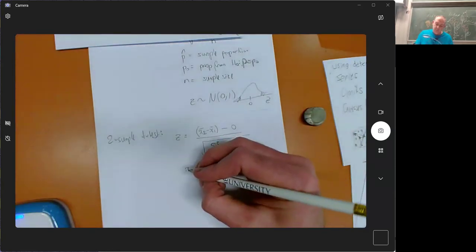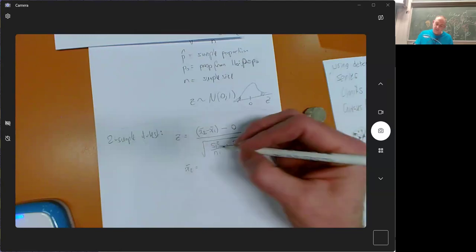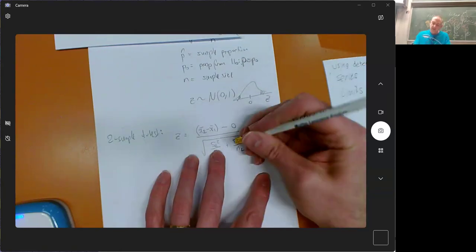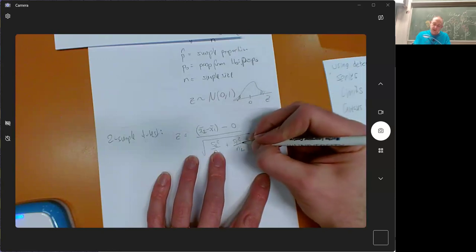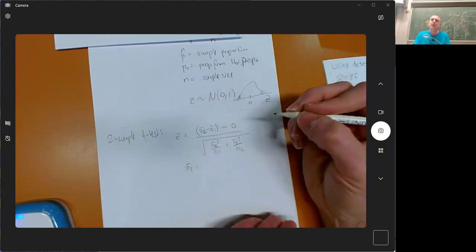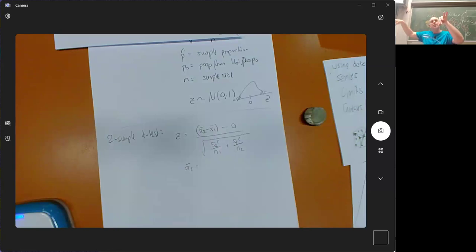Where x2, sorry. I like to do x2 minus x1 because it's normally after minus before. That just makes more sense to me.